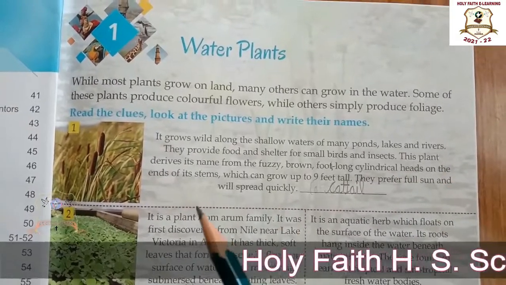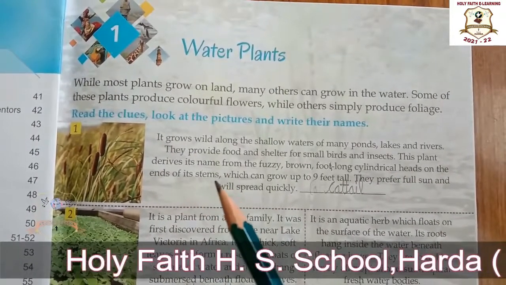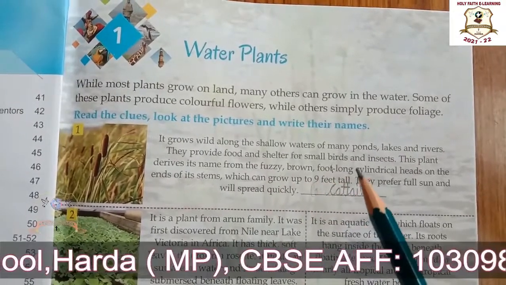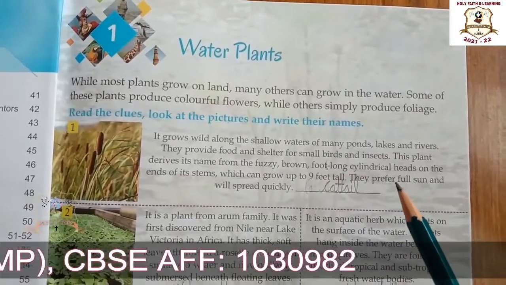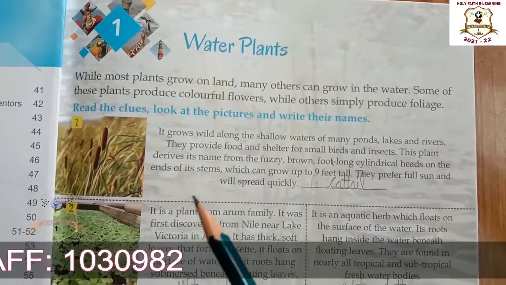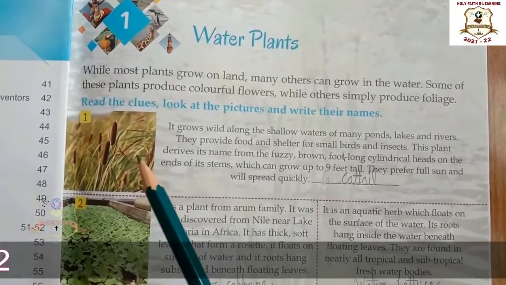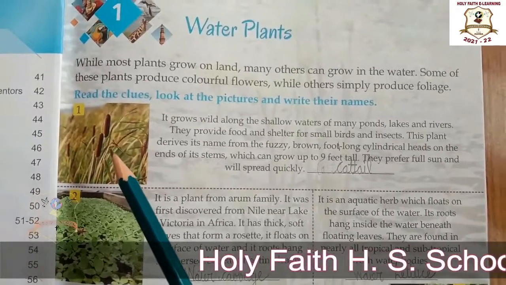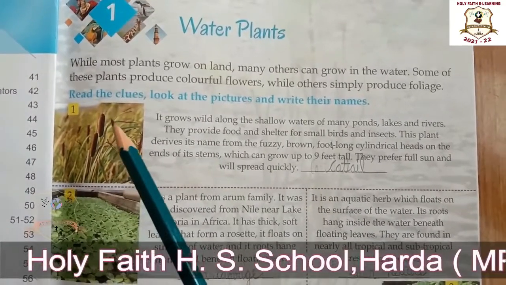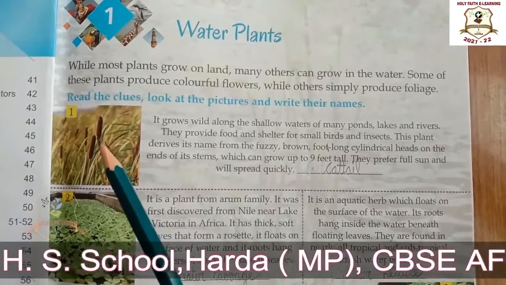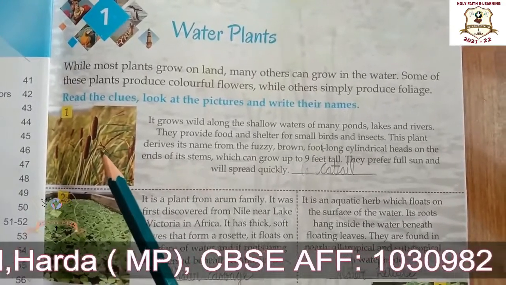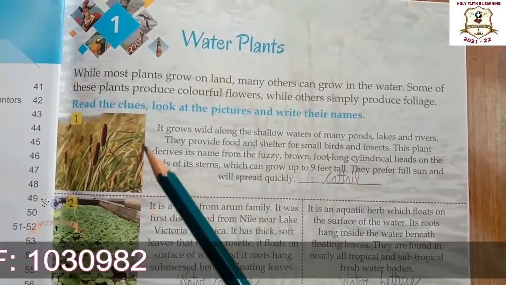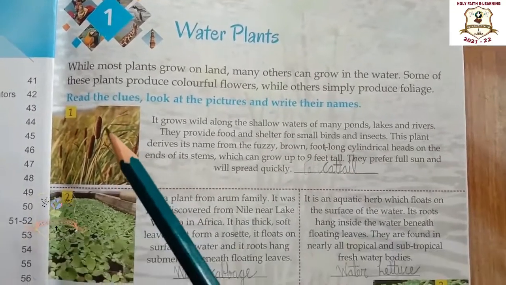This plant derives its name from the fuzzy brown foot long cylindrical heads on the ends of its stem. You all are able to see this: fuzzy brown foot long cylindrical shape heads, which can grow up to 9 feet tall.